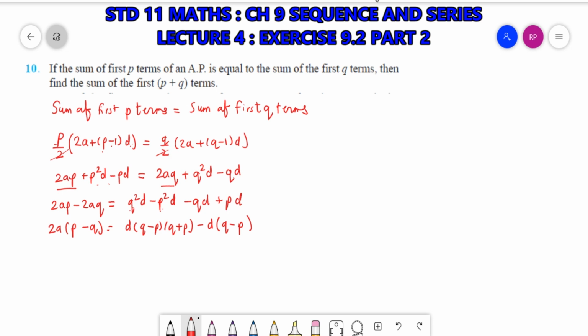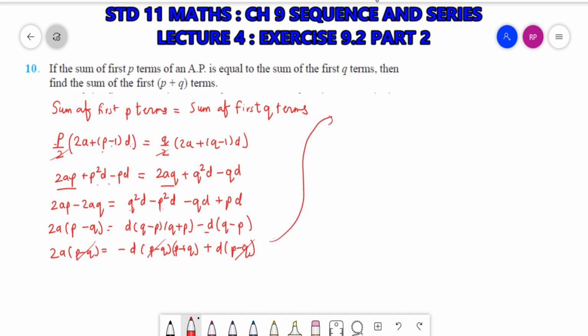Okay, clear? So now see here it's p minus q. So what I can do, I can just take minus sign common. So 2a into (p minus q) equal to minus d with (p minus q)(p plus q) plus d again (p minus q). Okay, I have taken minus common. So (p minus q) gets cancelled.